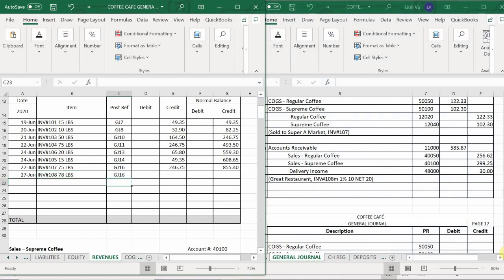General journal number 16, and the amount that we sold 78 coffees for is going to be $256.62, which then gives me an account balance of $1,112.02.